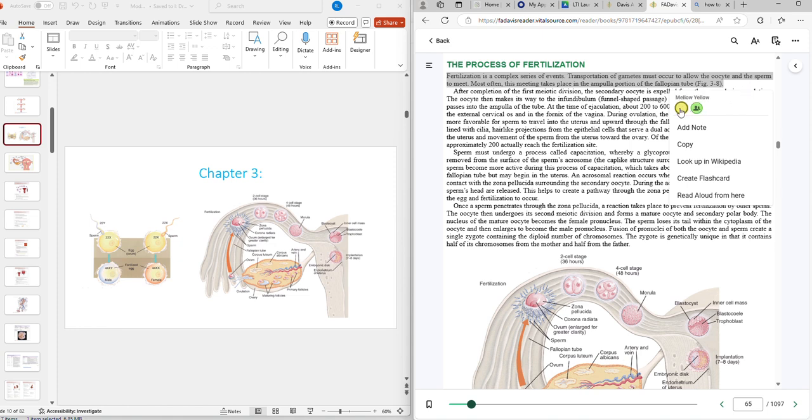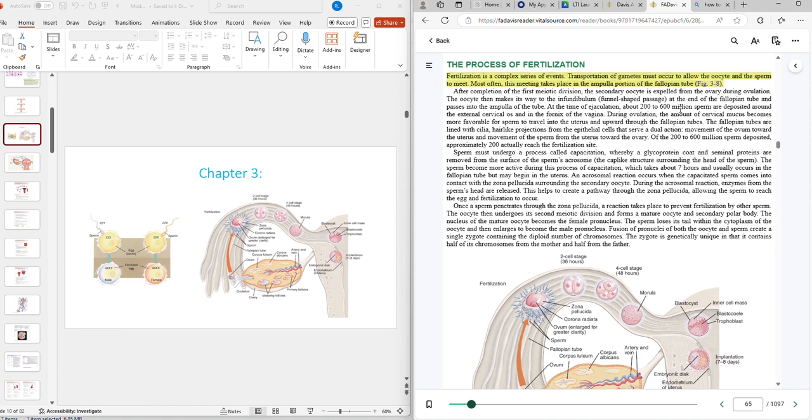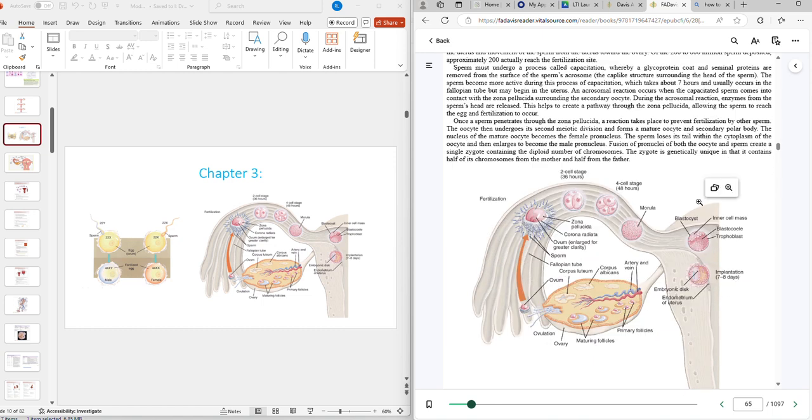Transportation of the gametes must occur to allow the oocyte and the sperm to meet. Most often, this meeting place takes place in the ampulla portion of the fallopian tube. So this is the outer third of the fallopian tube.